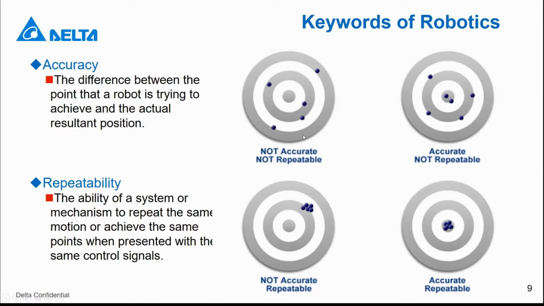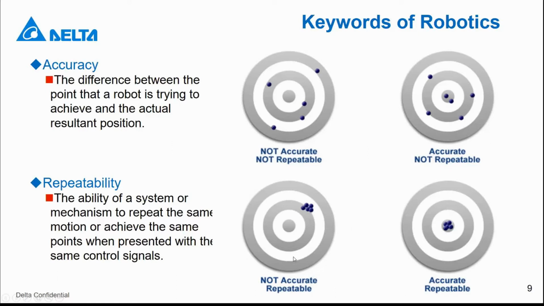So we will say this robot is not accurate, and also not repeatable. Let's see the second picture. You can see some blue dots are already on the target, but not all of them. Some are still outside the target. Then we will say this robot is accurate because it has reached exactly the middle in some cases, but not all of them. So it is not repeatable.